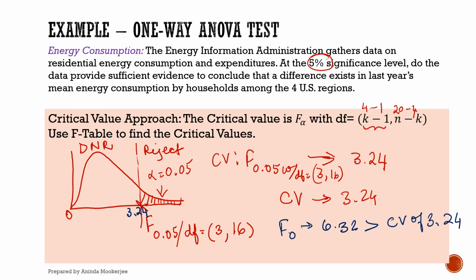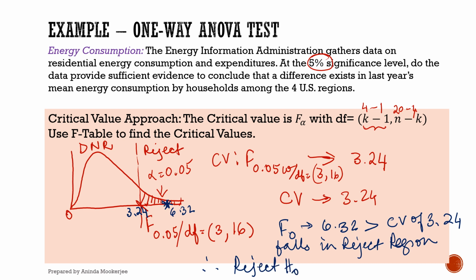It'll fall somewhere even further out to the right probably, but let's just show it here. 6.32 falls in the reject region. Therefore, the decision is reject the null hypothesis.